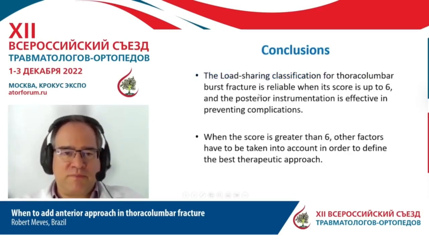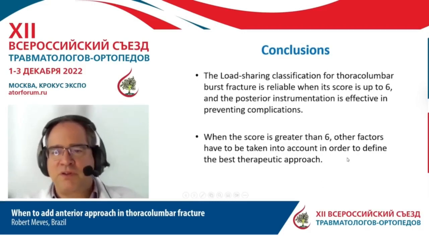So we can conclude the load sharing classification for thoracolumbar burst fractures is reliable when the score is up to 6, and the posterior instrumentation is effective in preventing complications. When the score is greater than 6, other factors have to be taken into account in order to define the best therapeutic approach. Thank you.